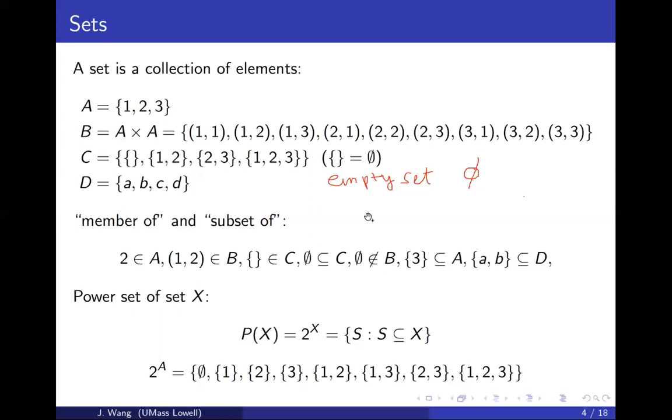Okay, and then in general, we can use this notation to represent a set A. For instance, a set A, which is a collection of elements X, and then this X satisfies certain conditions. So let me just say X satisfies certain condition.